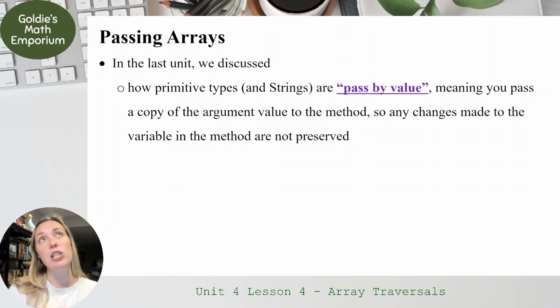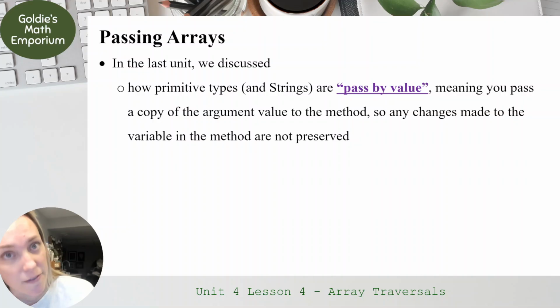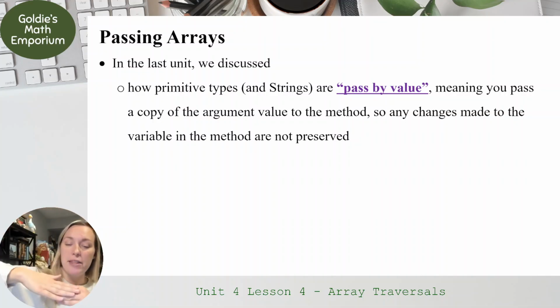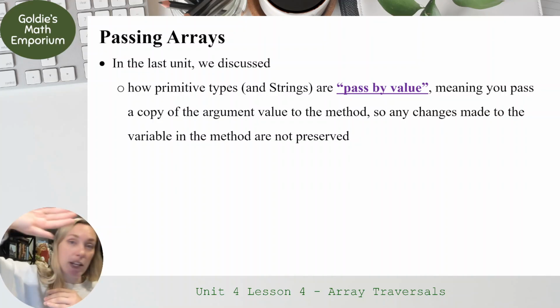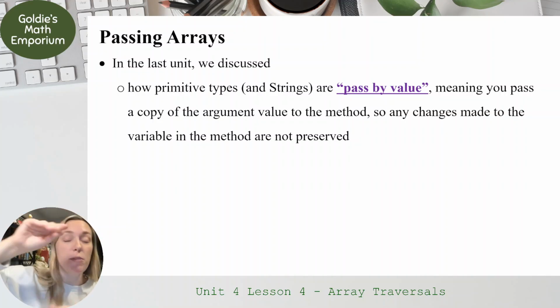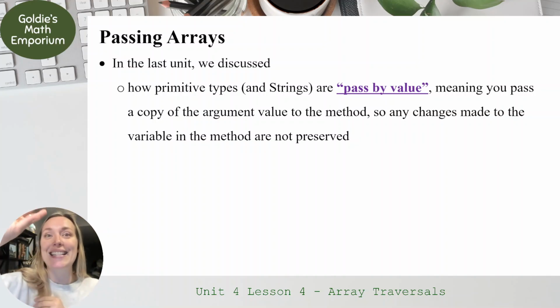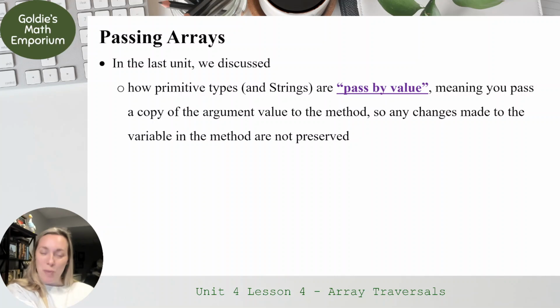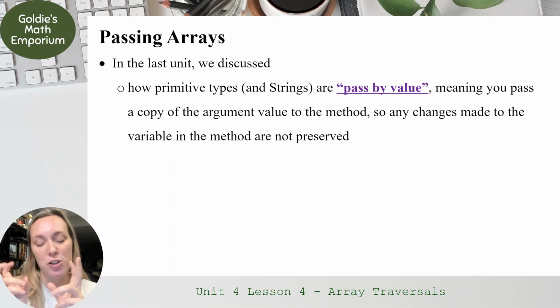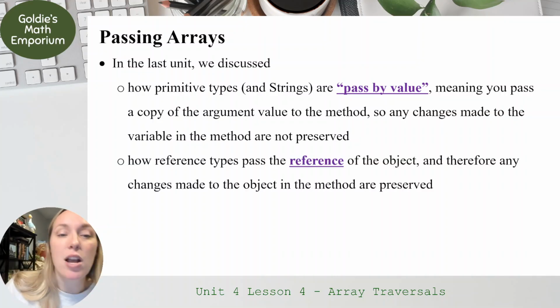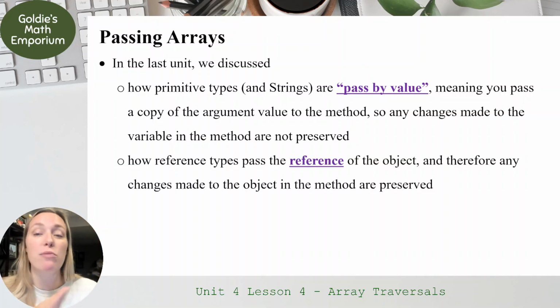So any changes you make to that variable in the method are not preserved, and the original variable is not affected at all. But objects, and arrays as well because they're a special type of object, do get affected. Reference types pass the reference of the object.